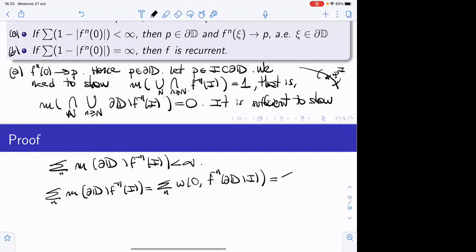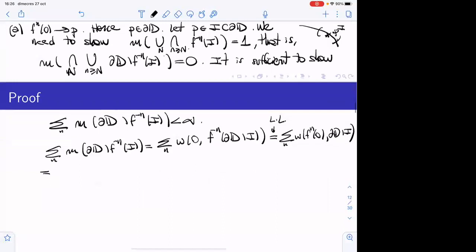So this is precisely, here we use Lesnar's lemma, right? Okay, so we have this. And now we just use the definition of harmonic measure as a Poisson integral. So this is just the sum over n of the integral outside I of 1 minus |f^n(0)|^2 divided by |ψ - f^n(0)|^2 dψ.